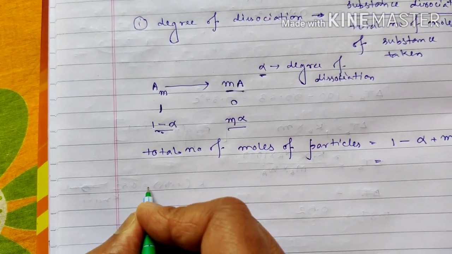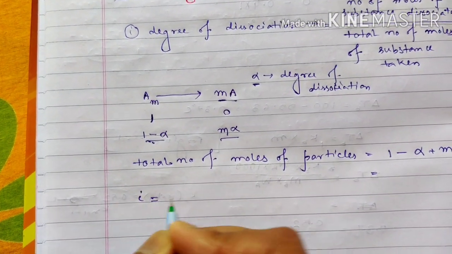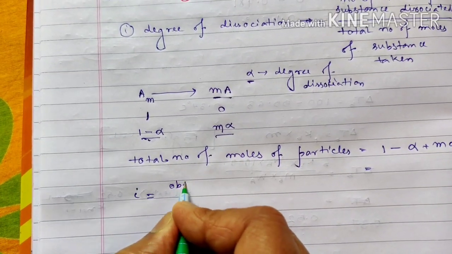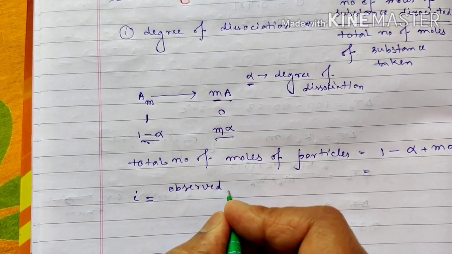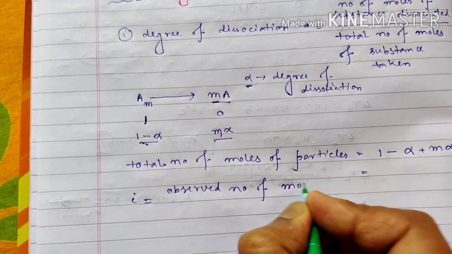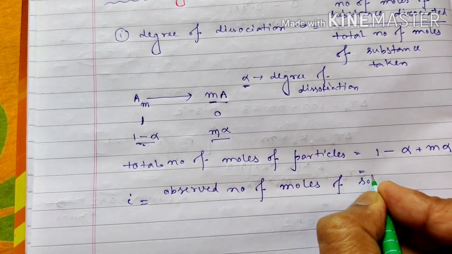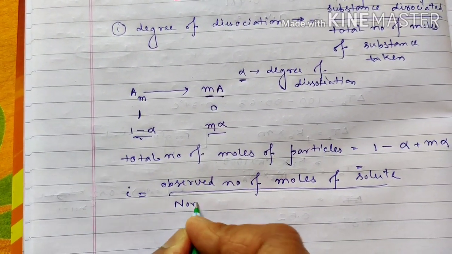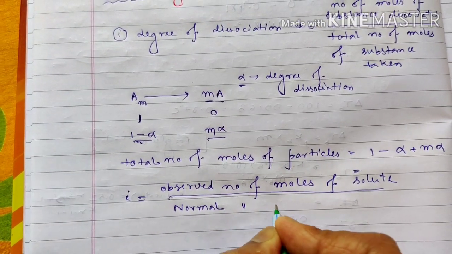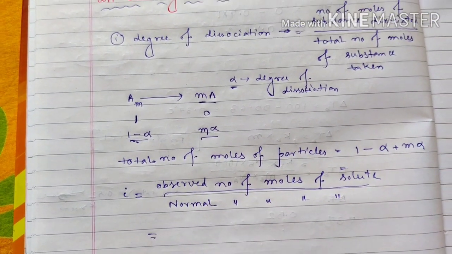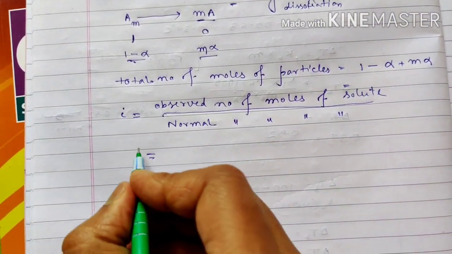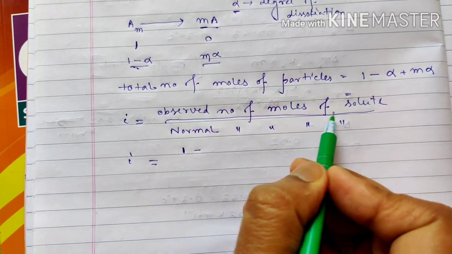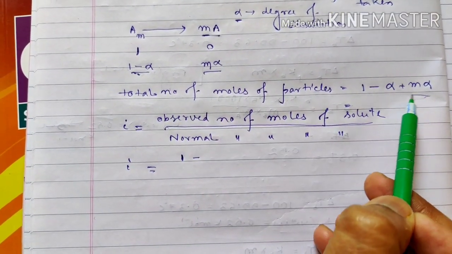Now, if we want to define the Van 't Hoff factor, which is i, it is the observed number of moles of solute divided by the normal, means the expected one, number of moles of solute. Now here if we see, i should be equal to the number of moles of solute observed, that is this much.